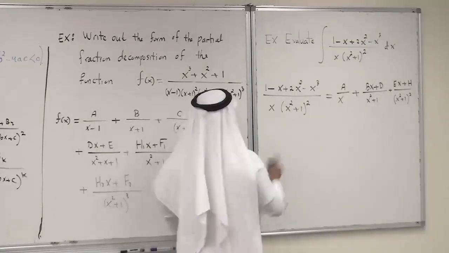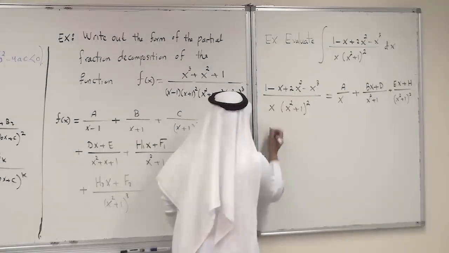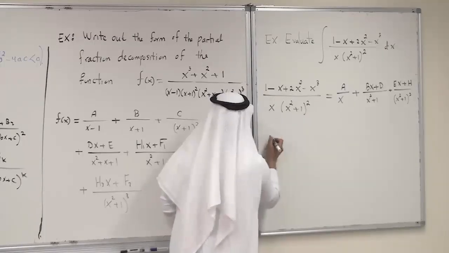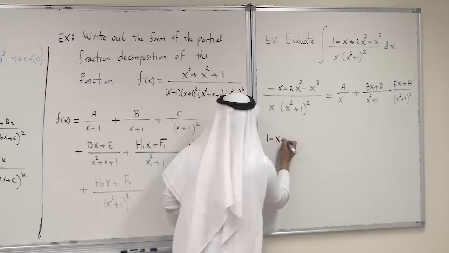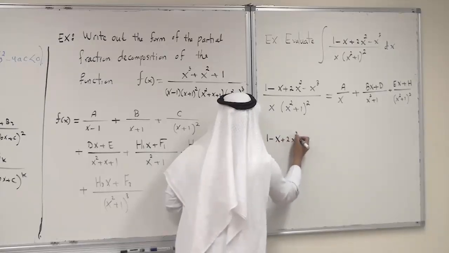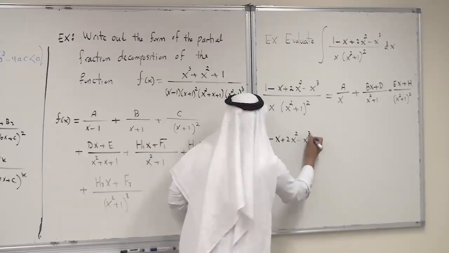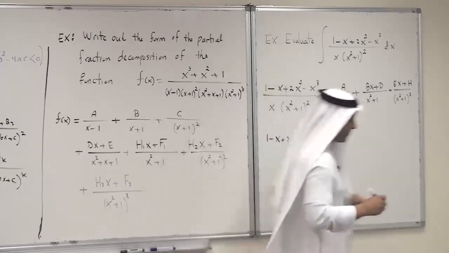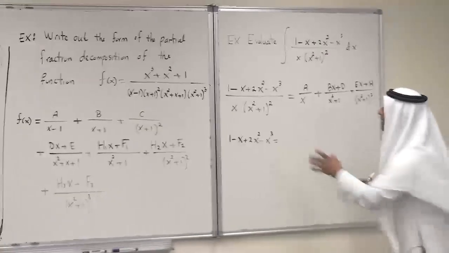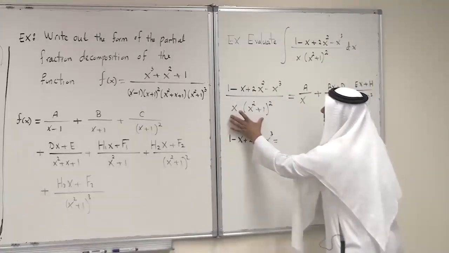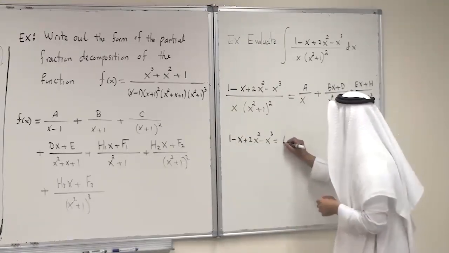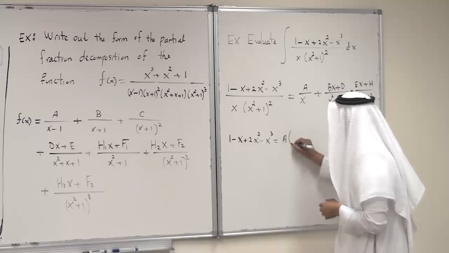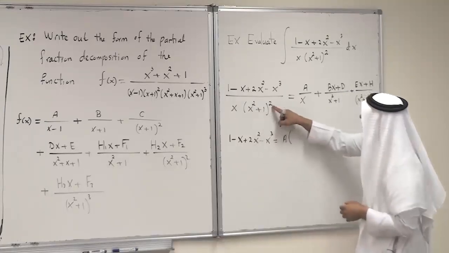What should we do? As what we did before, we multiply by the LCD to get the following. I get 1 minus x plus 2 x squared minus x cubed equal to. If you multiply the expression on the right hand side, you get the following. A times x squared plus 1, all squared.